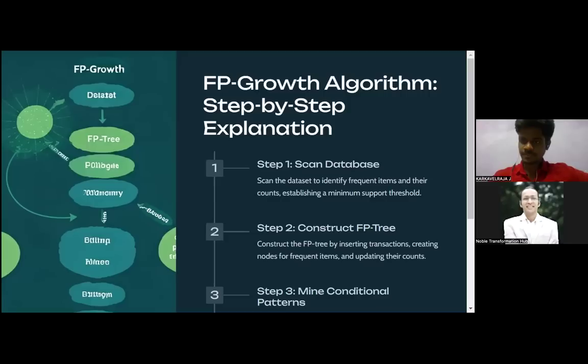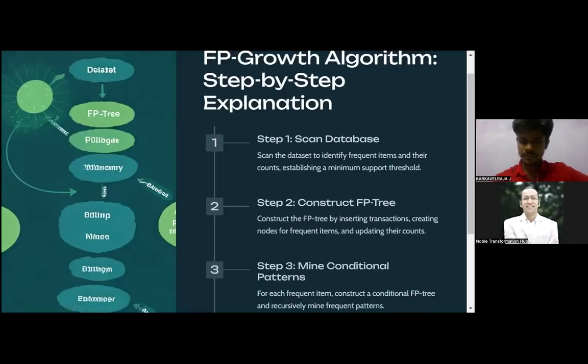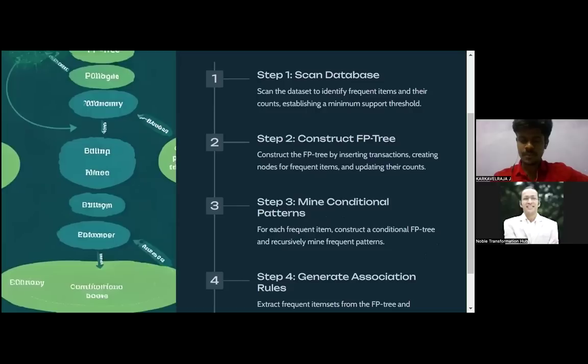That is the first step. Then we have step two, which is construct FP tree. Construct the FP tree by inserting transactions, creating nodes for frequent items, and updating their counts. That is the second step.